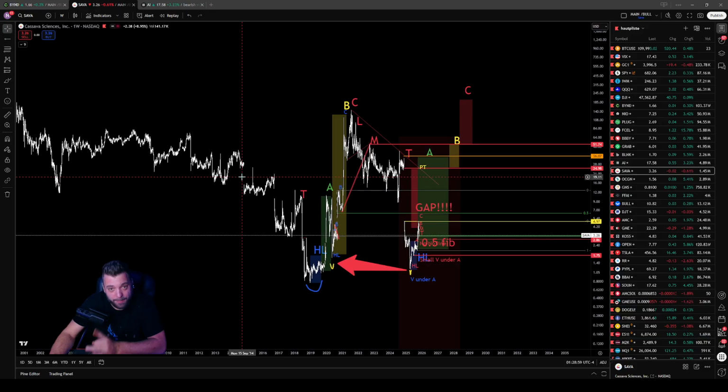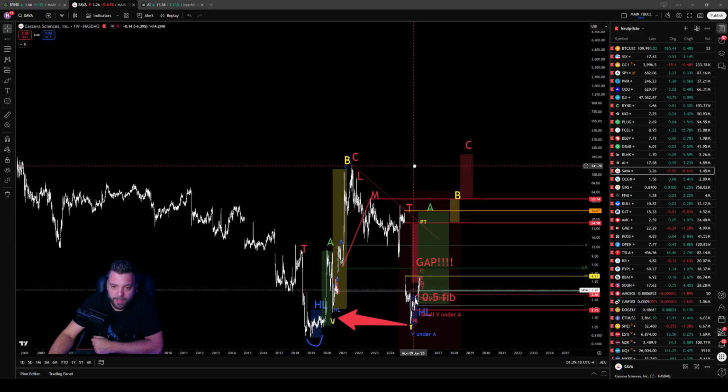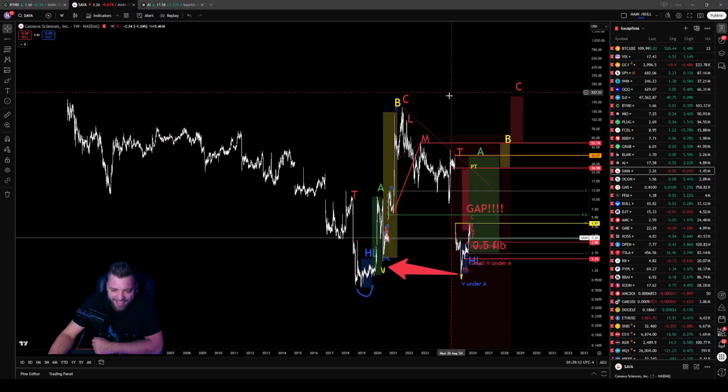And all these gap downs and gap ups are Friday pre-market, Friday after hours, Monday pre-market. Every single one, I think, from what I looked at. Prove me if I'm wrong, please.